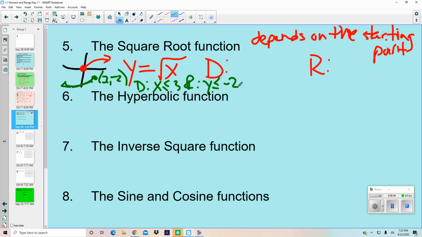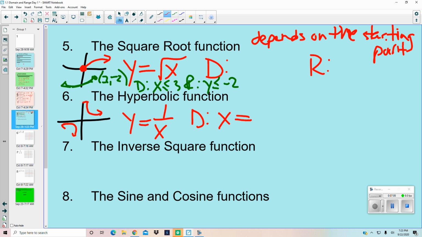All right, hyperbola. That has 2 branches. The equation looks like this. This is going to have a restricted domain. In other words, you're going to say what x cannot be equal to, because you can't have 0 in the denominator.